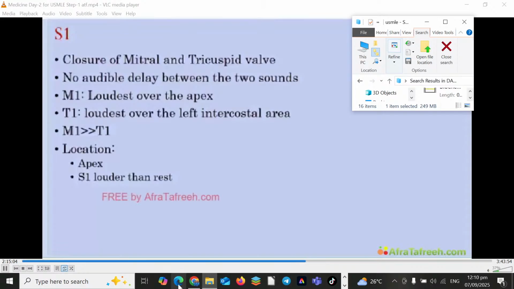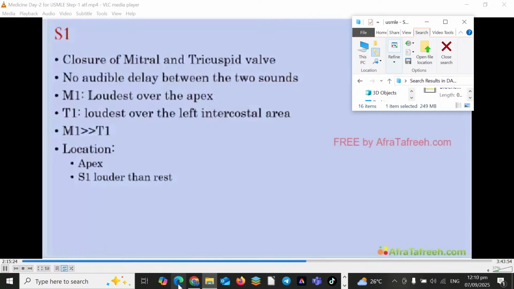Now, when we were talking about atria and ventricles, the atria is a smaller structure. So both the mitral and the tricuspid valves close together. So there is no M1, T1. There is only one sound. It is called S1.